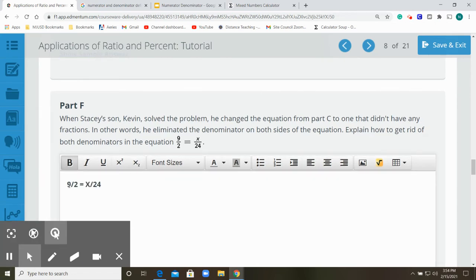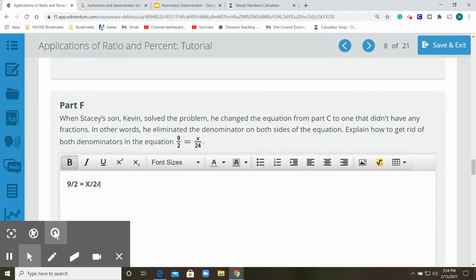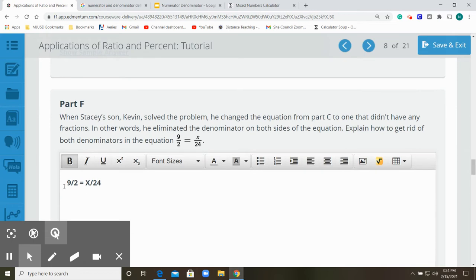So if the equation is 9 over 2 equals x over 24, the first step I'm going to do to get rid of the 2 is to multiply by 2. It's divide by 2 currently, and to get rid of it, I'm going to multiply by 2. So I need to multiply both sides by 2 to get rid of this denominator.